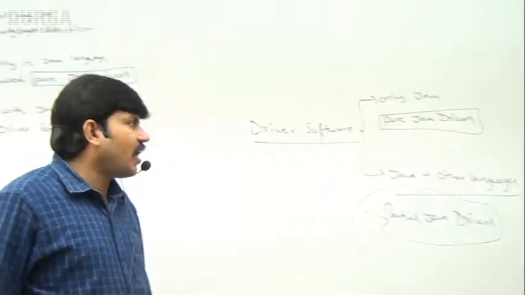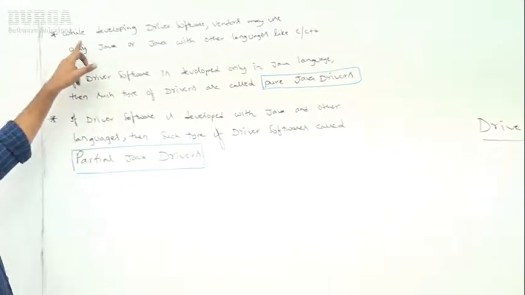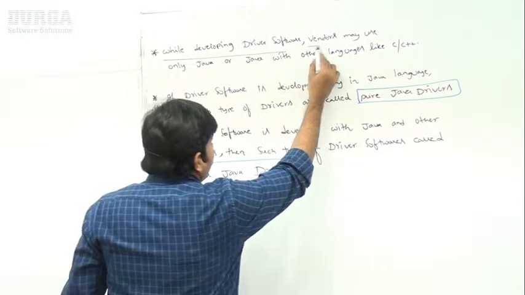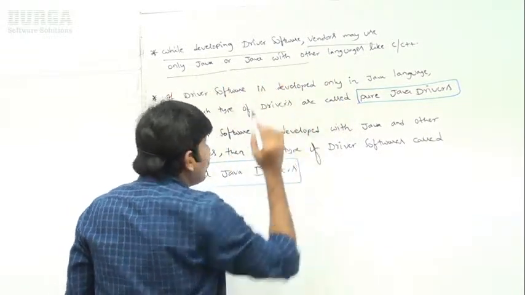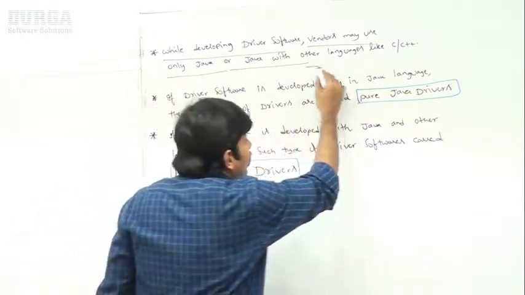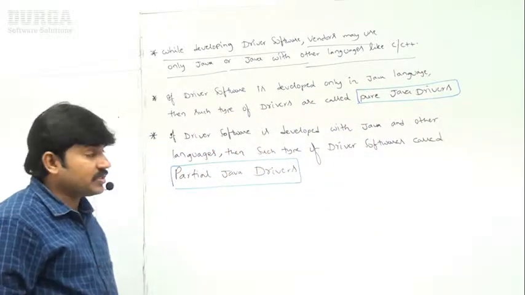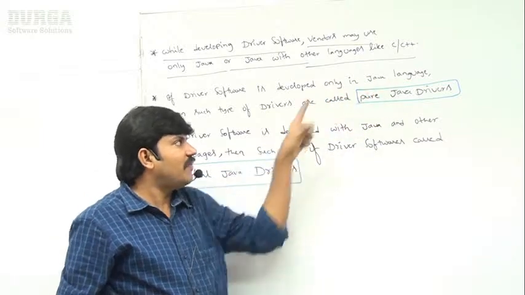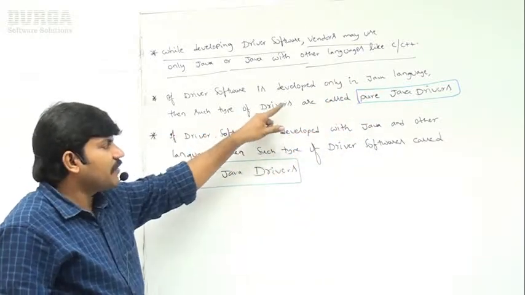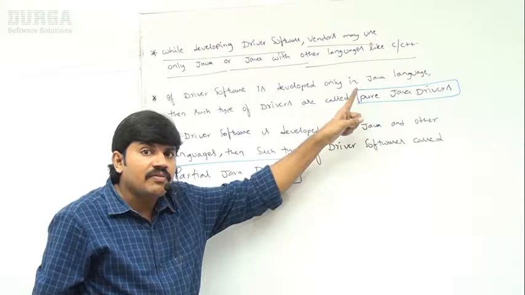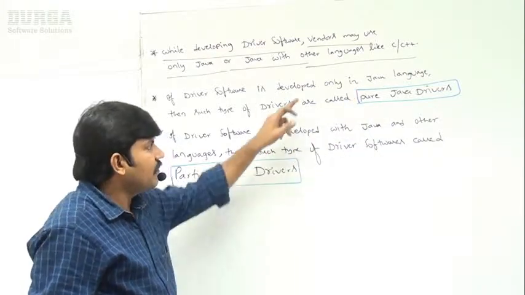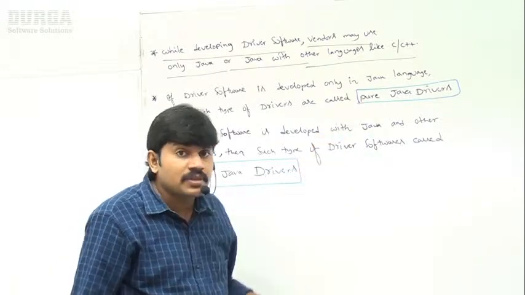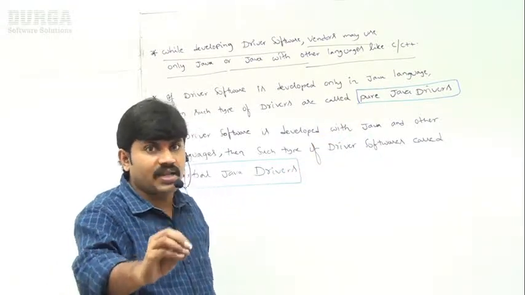Okay? Just have a look once. So, while developing driver software, vendors may use only Java or Java with other languages like C or C++, right? If driver software is developed only in Java language, completely in Java, then such type of drivers are called pure Java drivers.